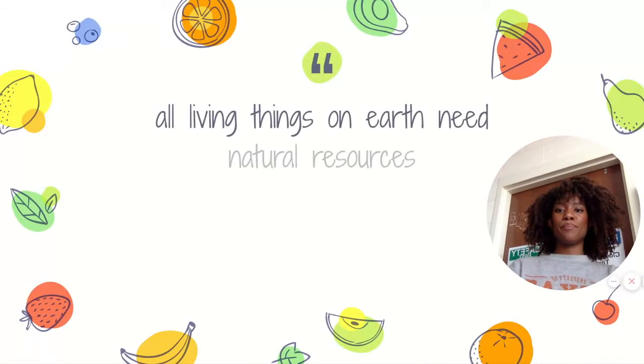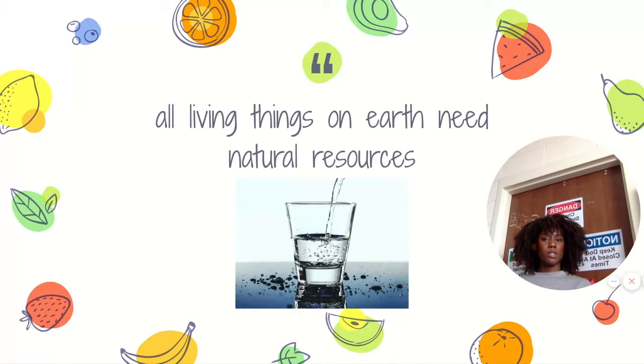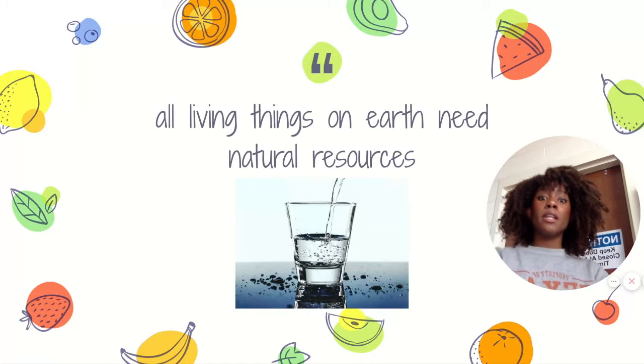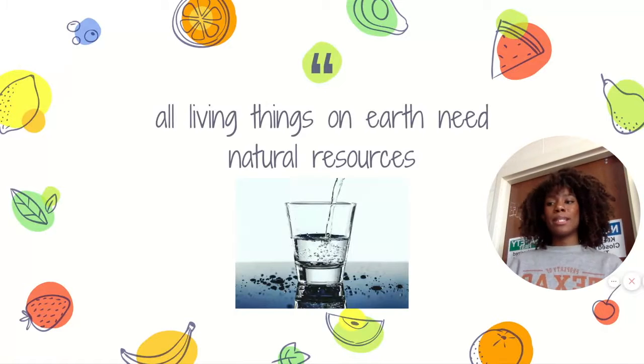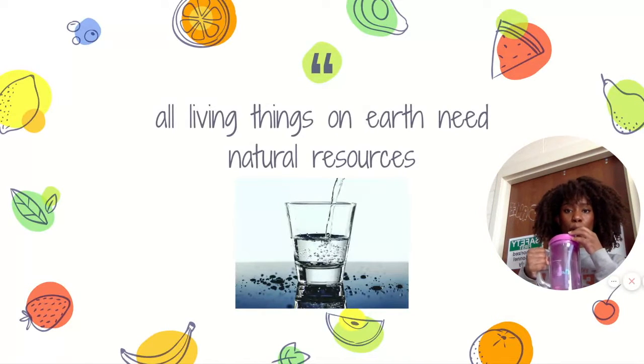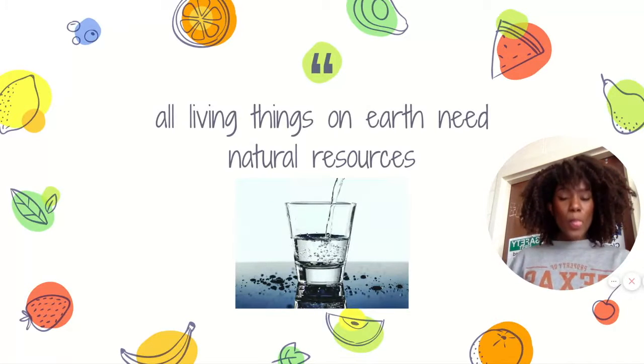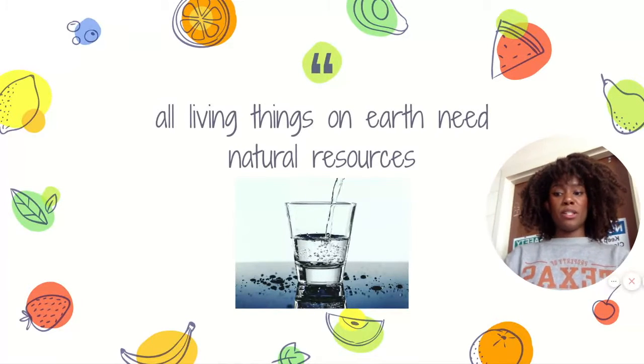That is predation. However, all living things on Earth need natural resources. An example of that is water, right? We all need to drink water. If you don't drink water, you will not survive for very long periods of time.